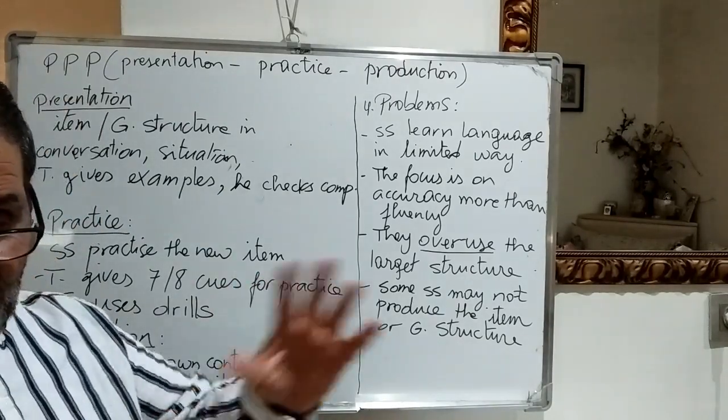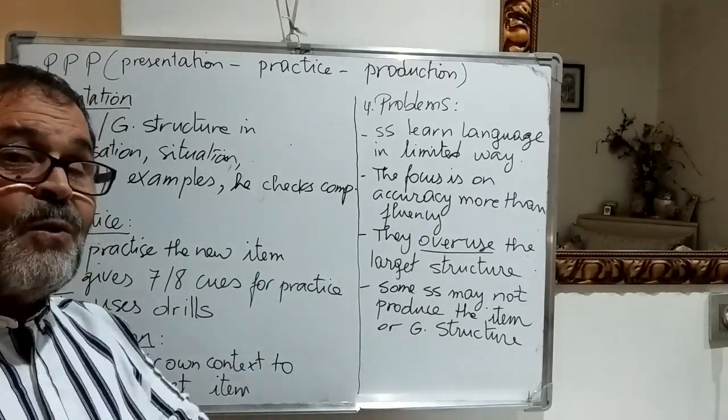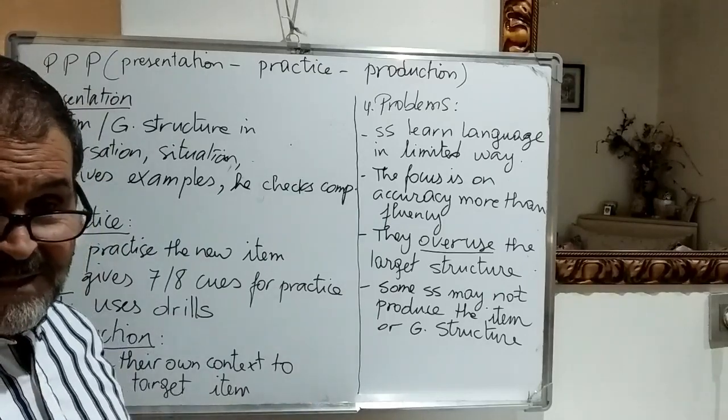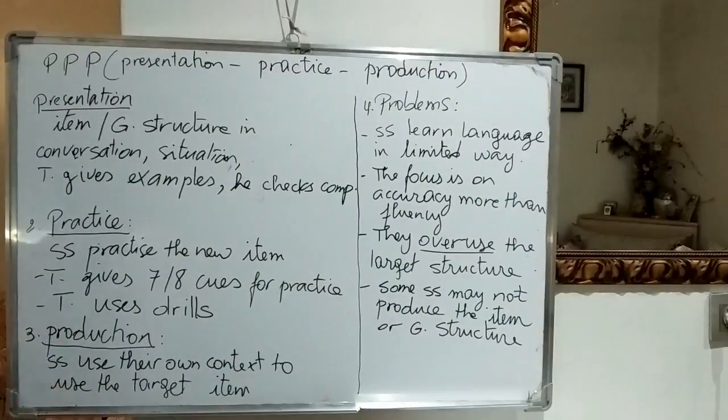He changes the word by another word, and the students are practicing, but not all students are participating and responding. Of course, just the best students. Then we pass to production. In production, students use their own context to use the presented vocabulary item or the presented structure.